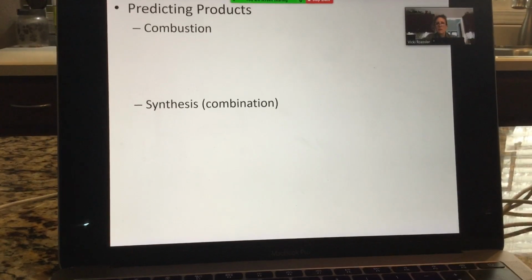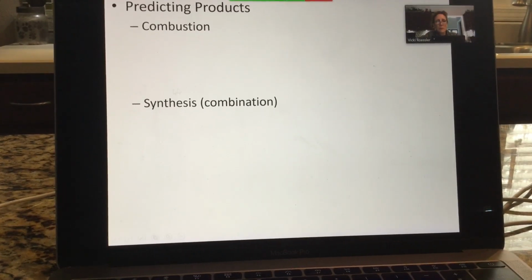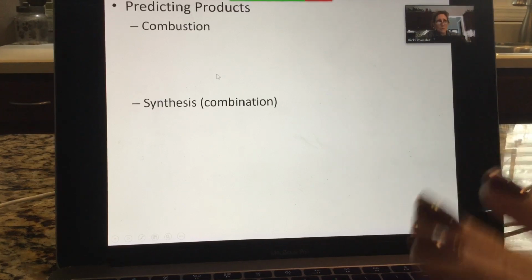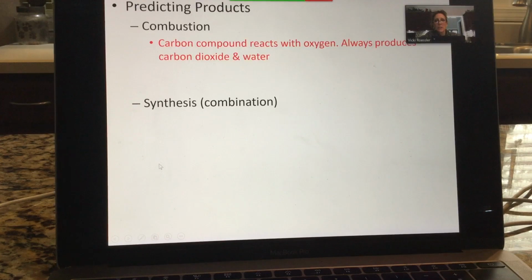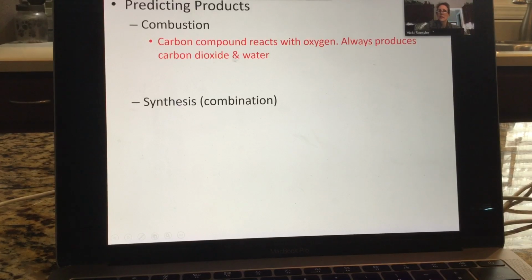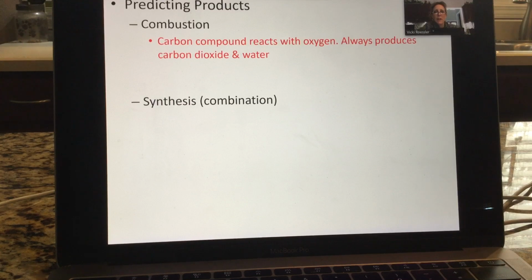So starting with combustion reactions, there's only one possible set of products that a combustion reaction can form. And again, as we talked about last class period, a combustion reaction is when we have any kind of carbon compound, and if it's not an alkane, I will give you the formula for that carbon compound.